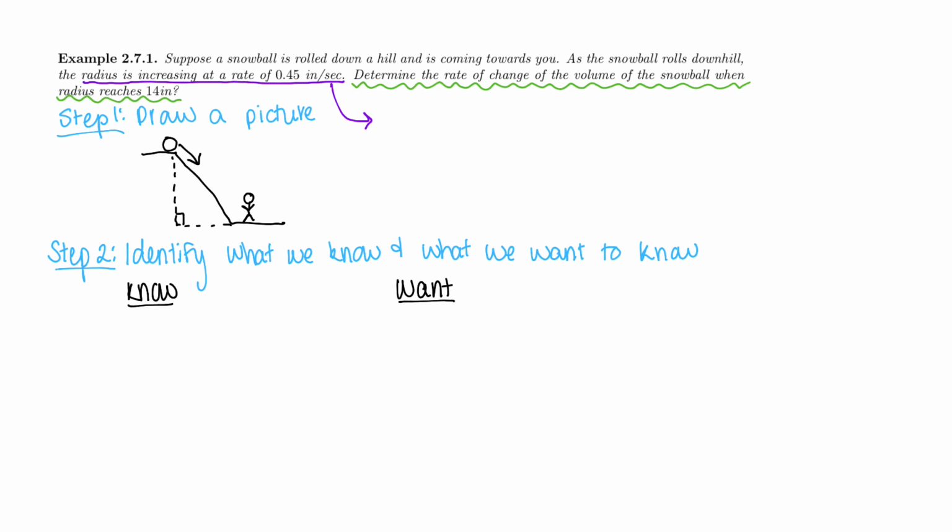If the radius is increasing, let me talk about dr dt. This is the derivative of the radius function with respect to time. So how is the radius changing with respect to time?